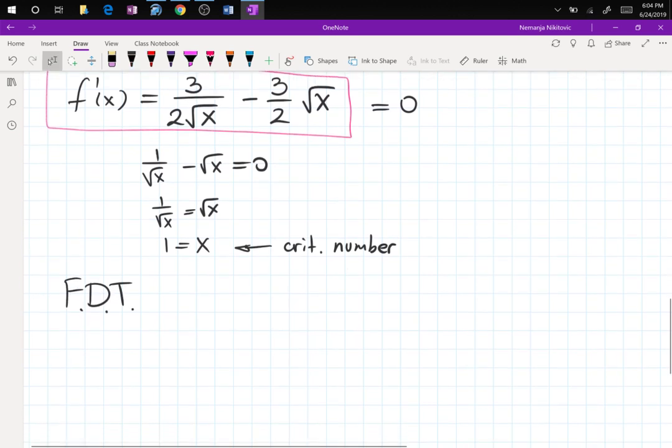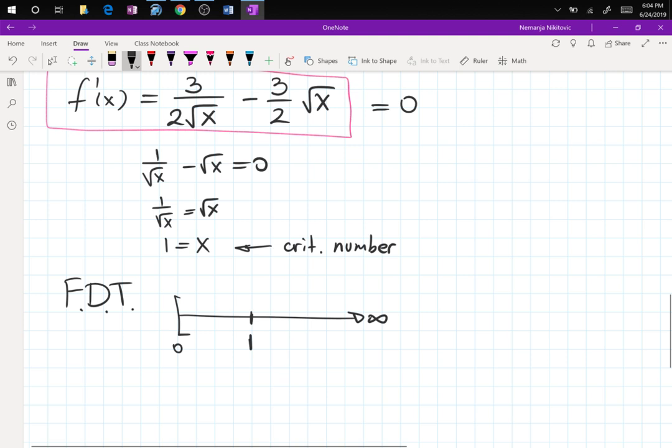Partition is done on vertical asymptotes and critical numbers. We do not have any vertical asymptotes, we only have one critical number. So my partition will start at 0, and here is 1, and then it goes on to infinity, right?